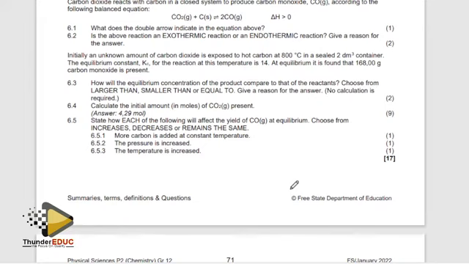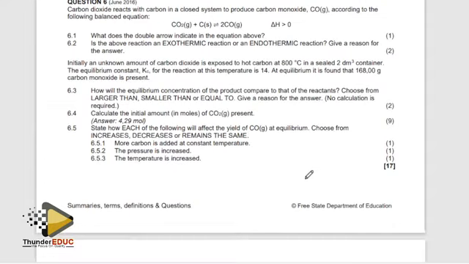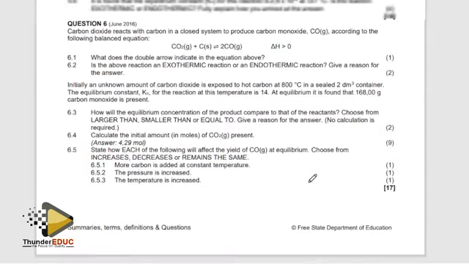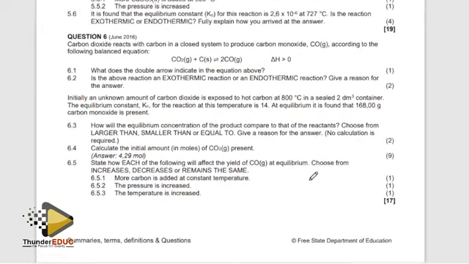Let me check here for a question. This one could be good. Question 6, they are asking, what does the double arrow indicate? Okay, double arrow indicates that it's a reversible reaction.